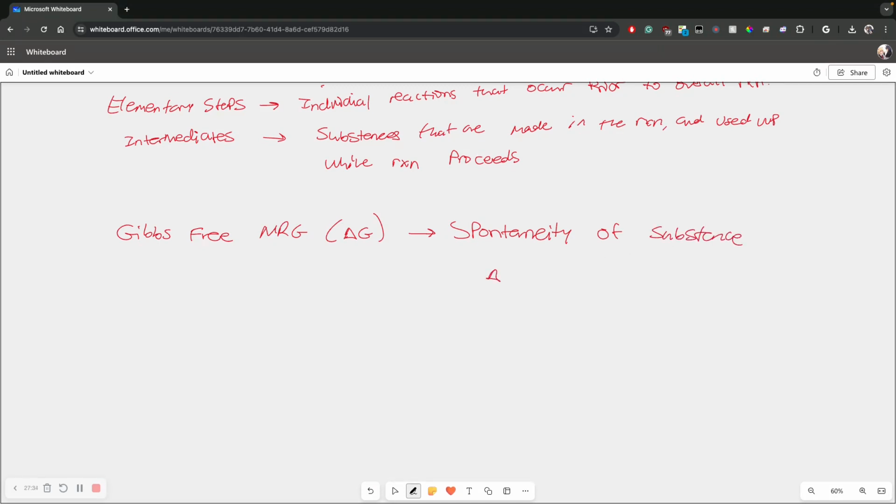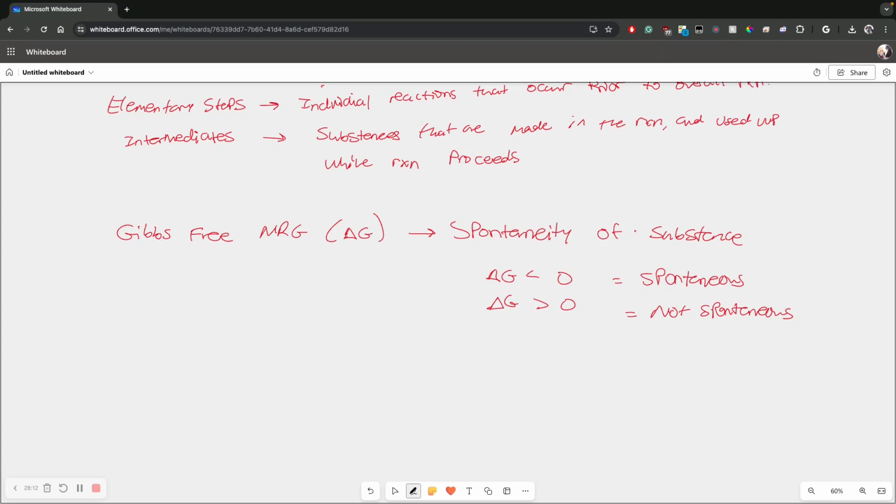If delta G is less than 0, which means if it's negative, it's spontaneous. If delta G is greater than 0, not spontaneous. And another way to mention spontaneity is thermodynamic favorability, right? So if it's spontaneous, it is thermodynamically favored. If it's not spontaneous, it is not thermodynamically favored.